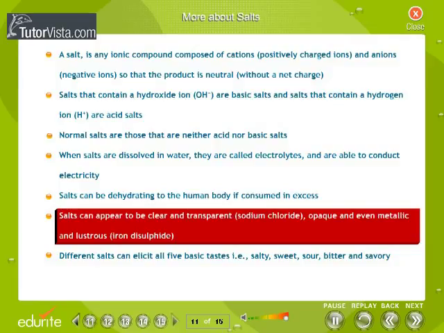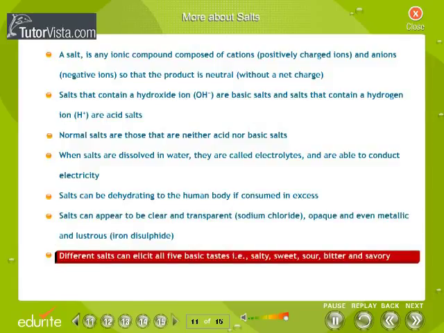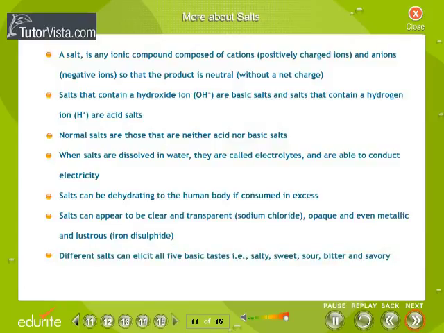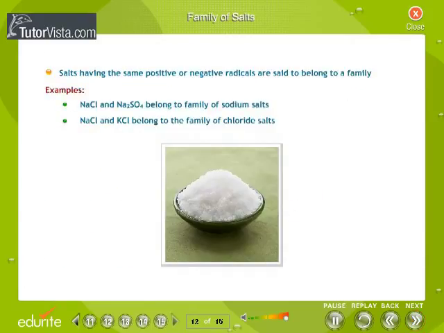Salts can appear to be clear and transparent, like sodium chloride, opaque, and even metallic and lustrous, like iron disulfide. Different salts can elicit all 5 basic tastes, that is, salty, sweet, sour, bitter, and savory. Family of salts.